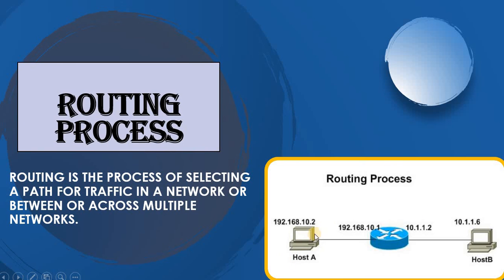For example, you have two devices A and B and you have multiple paths to get there. Then the router will decide whether path B will suit you, or C, or D. For example, again I'm repeating, if you have 4 paths A, B, C, D, the router will decide which one is the shortest and fastest way of sending data from host A to host B. For example, let's say C is the best possible path for sending data from A to B. Then the router will send the data from host A to host B through C.